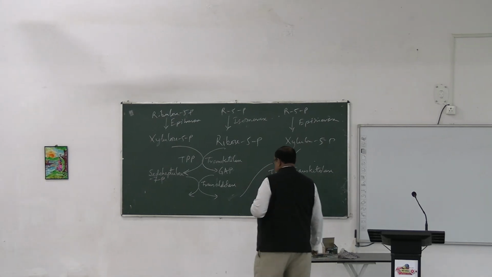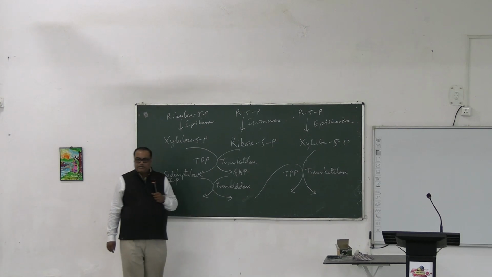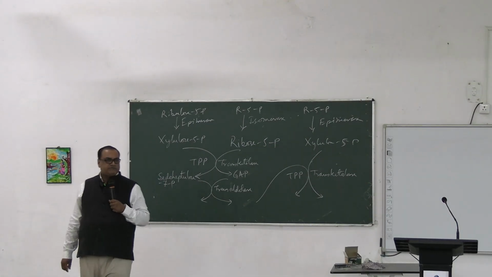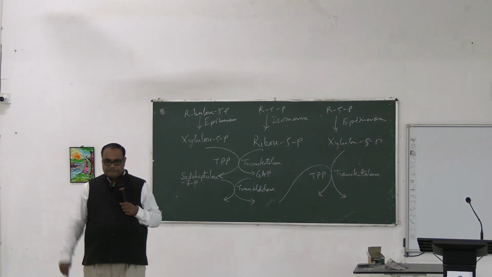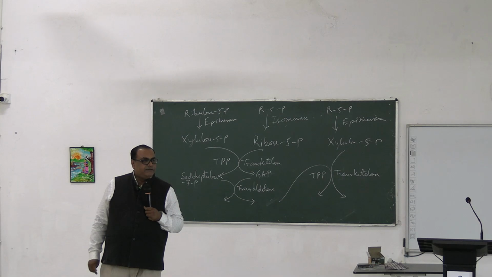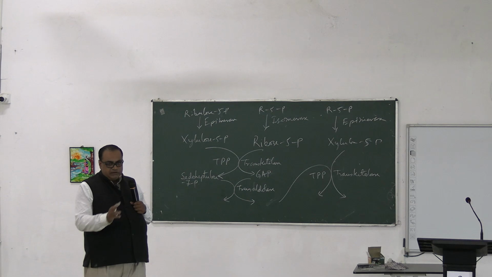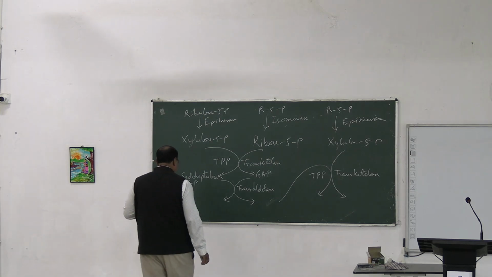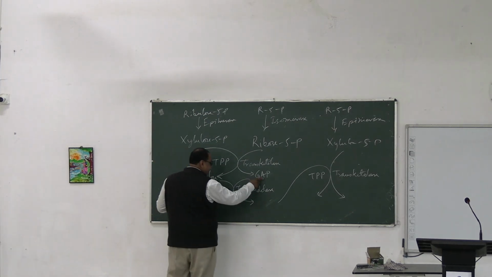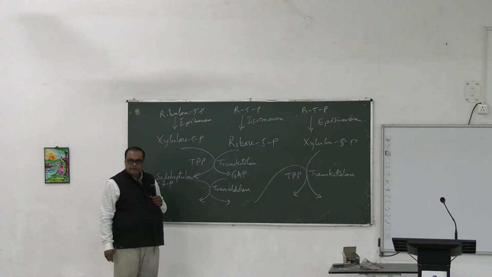Again, now transaldolase. Transaldolase does not require any coenzyme. Keto group always remains at C2. So transketolase will transfer 2 carbons; transaldolase will transfer 3 carbons. So 7 minus 3, the 7 will become erythrose 4-phosphate. The 3 will go to the other 3, so 3 plus 3 is 6.